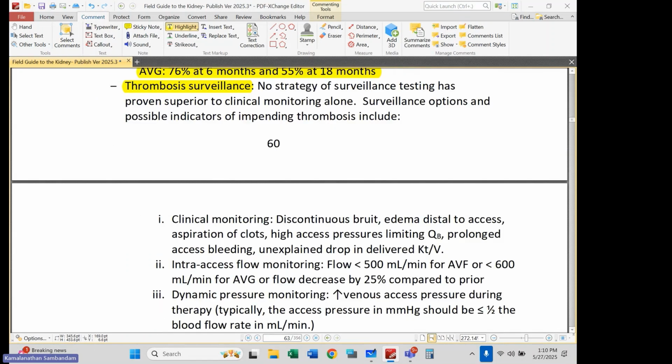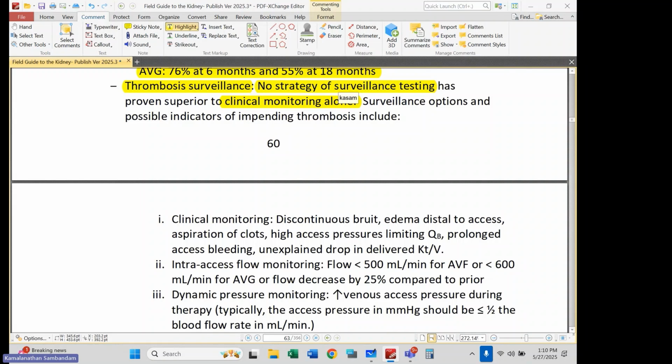Now, thrombosis is something that we try to prevent through surveillance protocols at the dialysis units. But the truth of the matter is that in any formalized study looking at these surveillance protocols, there is no clear benefit of doing surveillance on grafts and fistulas and intervening when you see, for instance, flow rates are dropping, when compared to simply using your physical exam.